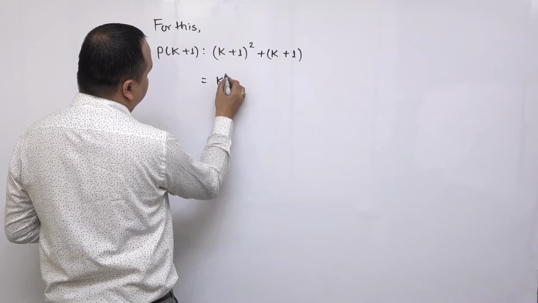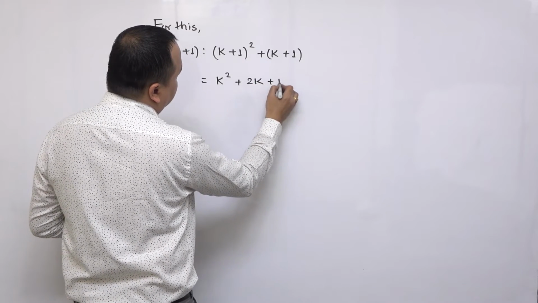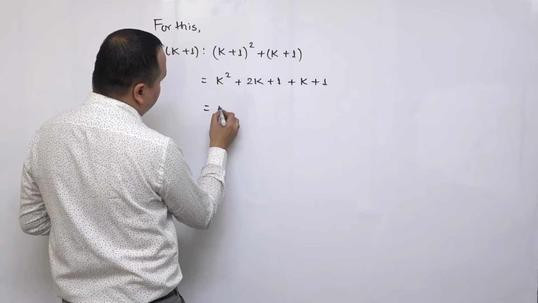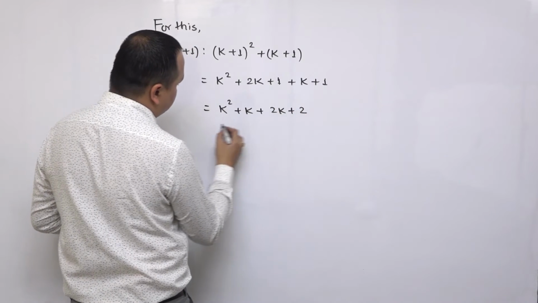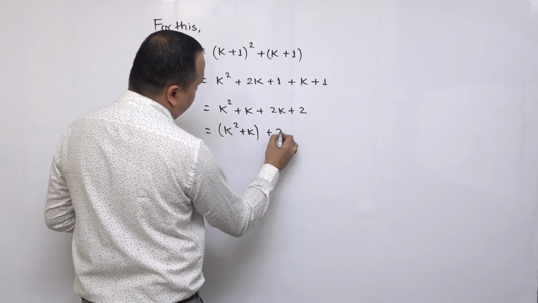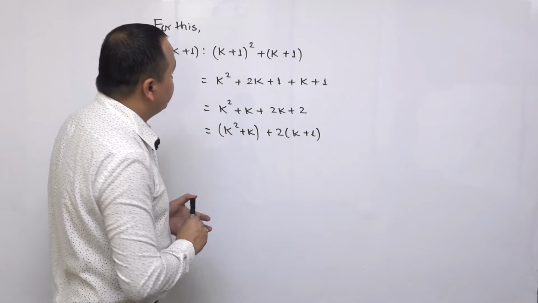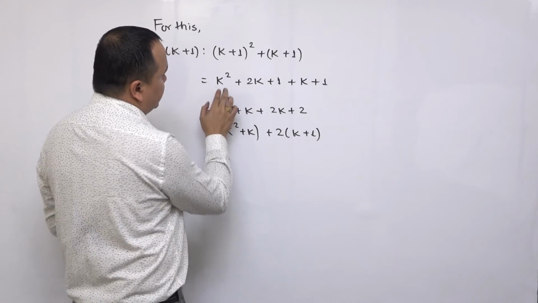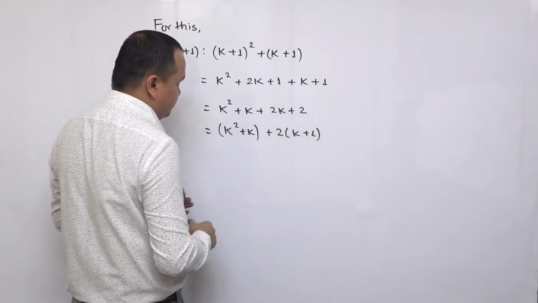This is k square plus 2k plus 1 plus k plus 1, k square plus k plus 2k plus 2, the k square plus k plus 2 times of k plus 1. Here we arrange k square plus k, 2k, and 1 plus 1, 2.